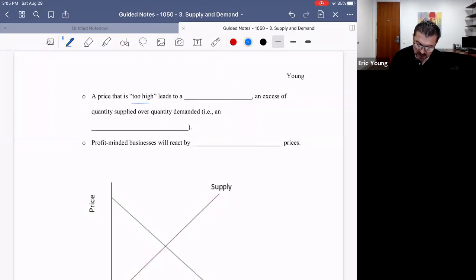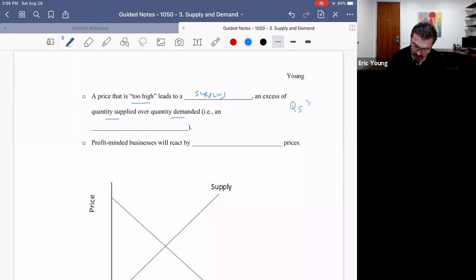A price that is too high will lead to a surplus. So a surplus is a condition that arises when the going market price is above what that market's equilibrium price is. A surplus can also be seen as an excess of quantity supplied over quantity demanded.